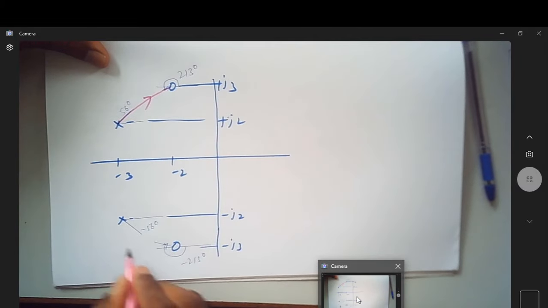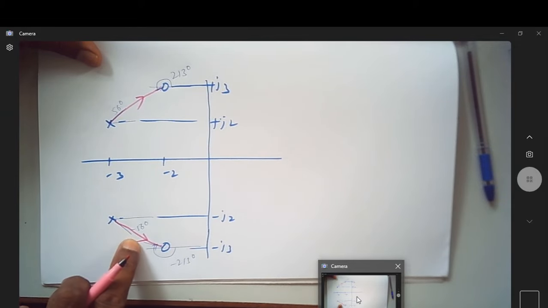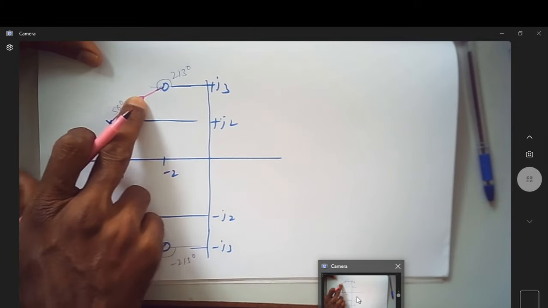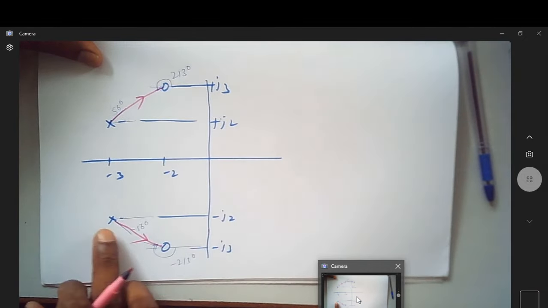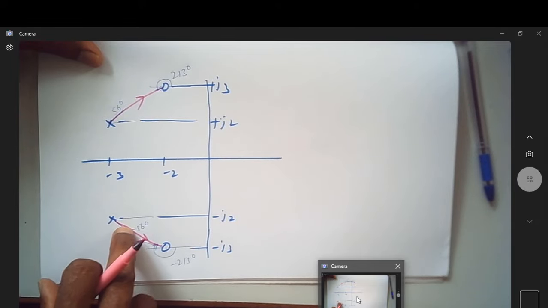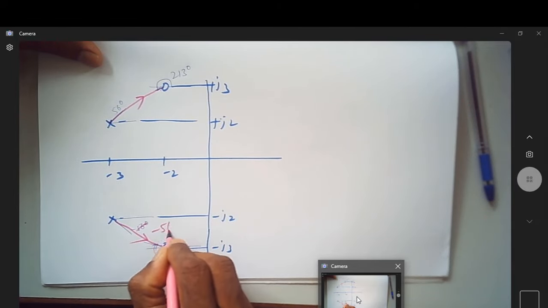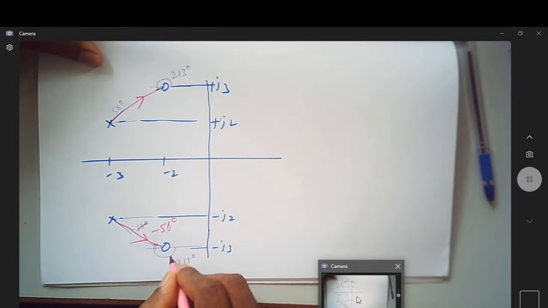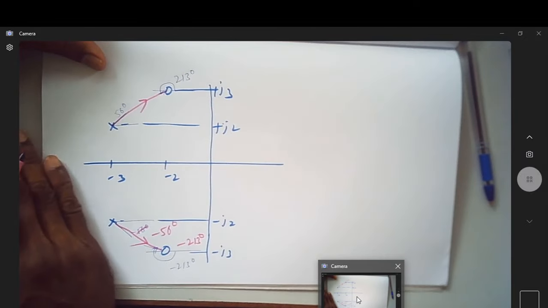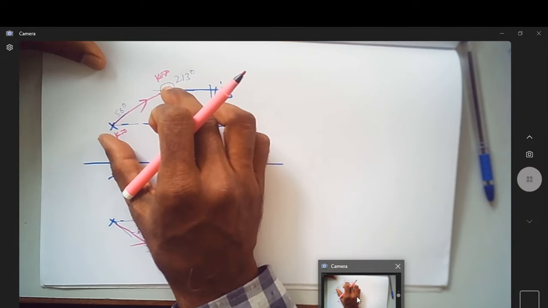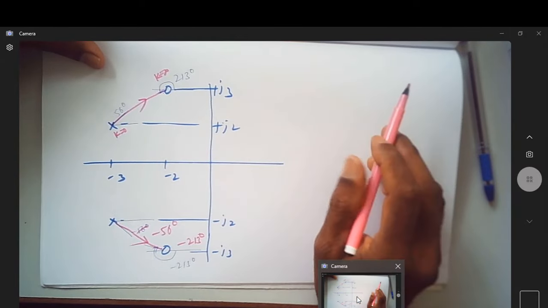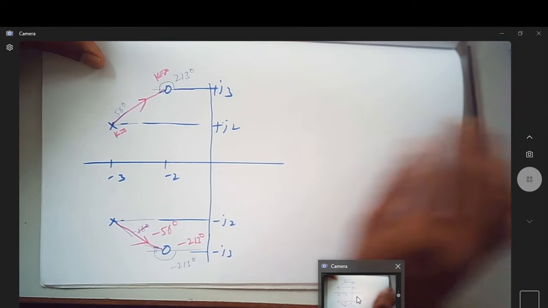This pole leaves at an angle of plus 56 degrees and enters the zero at an angle of 213 degrees, whereas this one leaves at an angle of minus 56 degrees and arrives at an angle of minus 213 degrees. So the system is absolutely stable, because the value of k is 0 here, and k is infinity here. For any value of k between 0 and infinity, the poles are always on the left hand side of the s-plane. So this is how it looks.